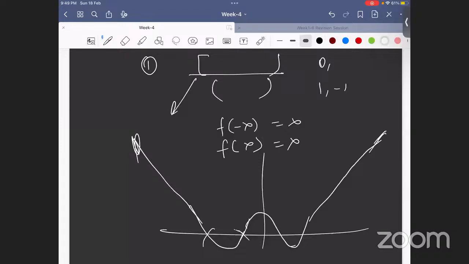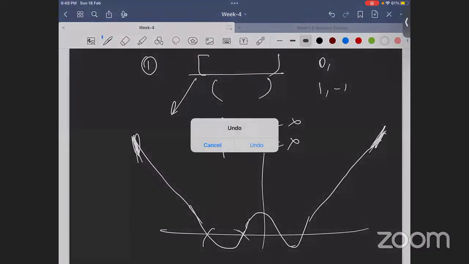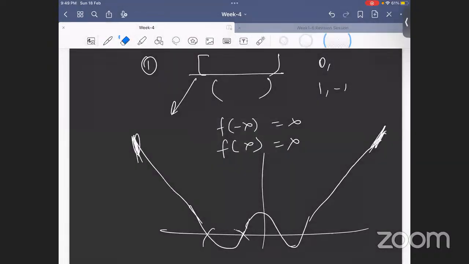Is there any possibility that I'll get an odd number of roots for this? If I start from here, I have to go here. No. Is there any possibility that I'll be getting an odd number of roots? No. It can be possible, right?